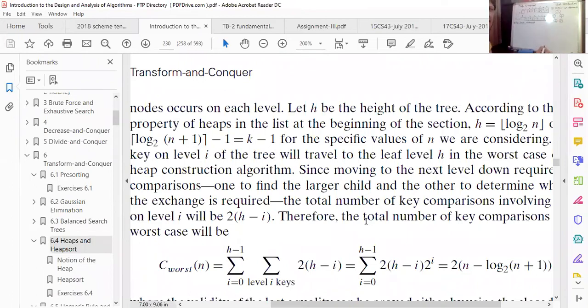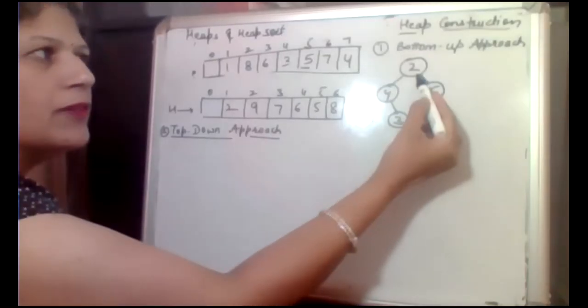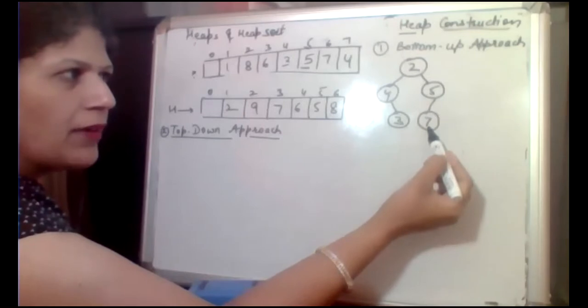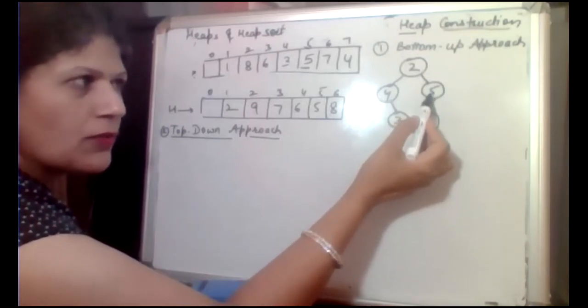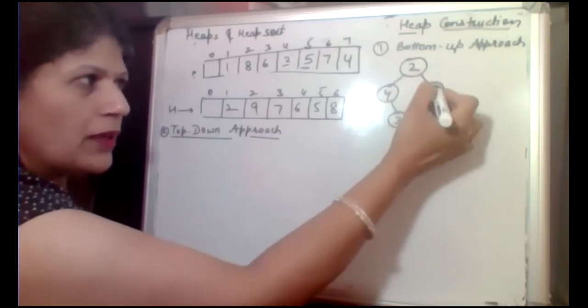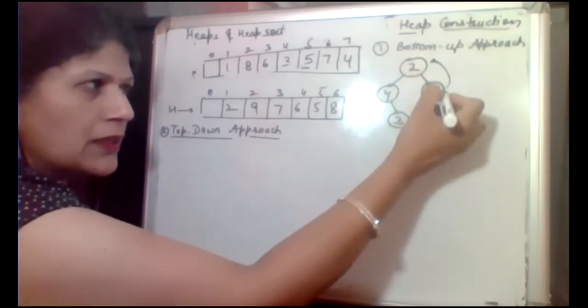The first element is 2, then 5, and then 7, because out of these two child nodes, 5 is greater, so it will be moved up and this will come down.